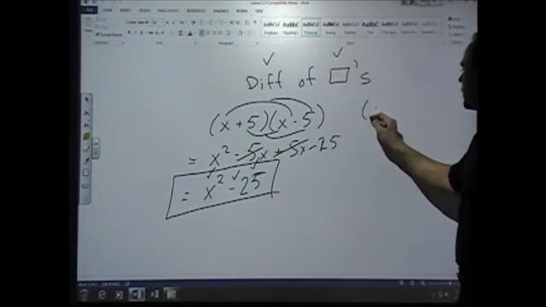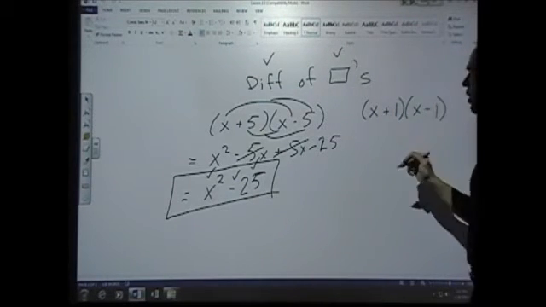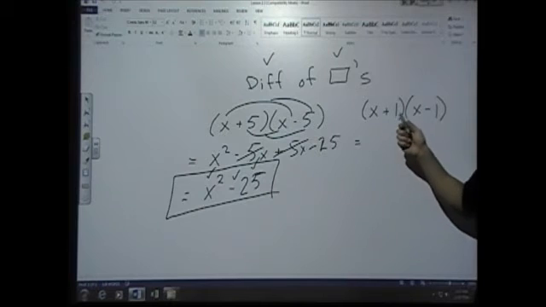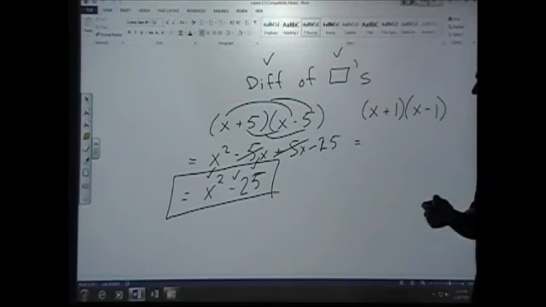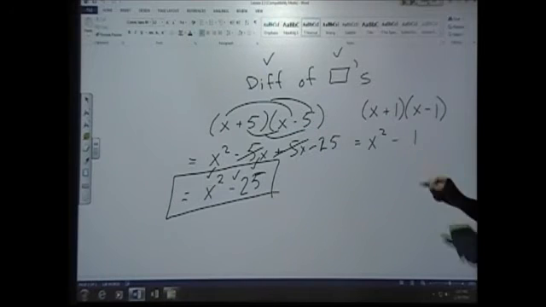After doing so many of these, for instance, x plus 1 times x minus 1, you would have realized that there's actually a trick to multiplying these out. You already know that the middle term is going to be a negative x and a positive x, and they will cancel out. So what will be left is just the x times x, which is x squared, and the 1 times negative 1, which is negative 1.